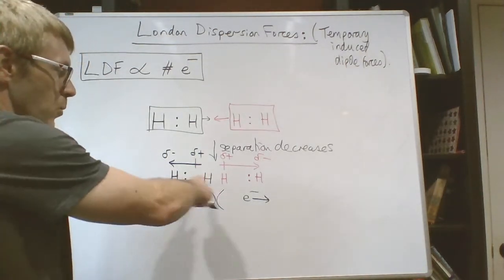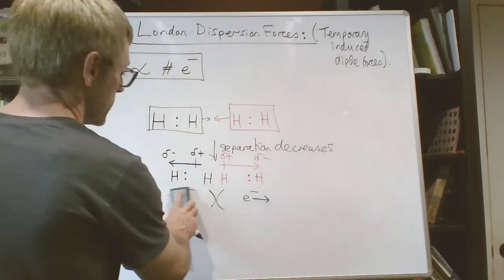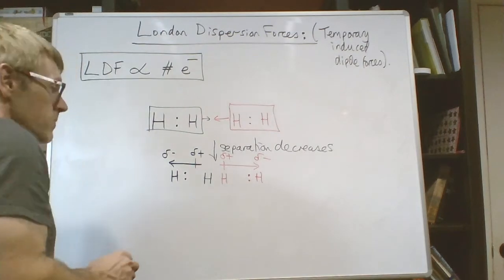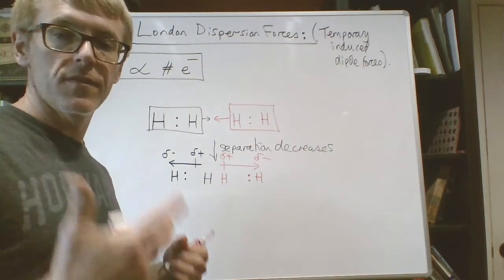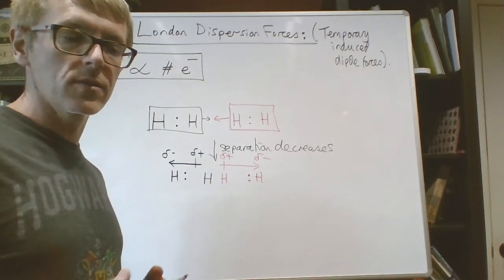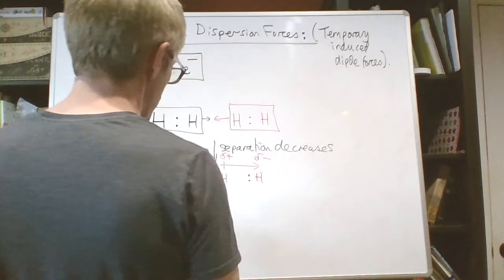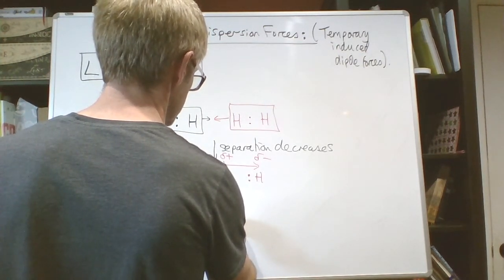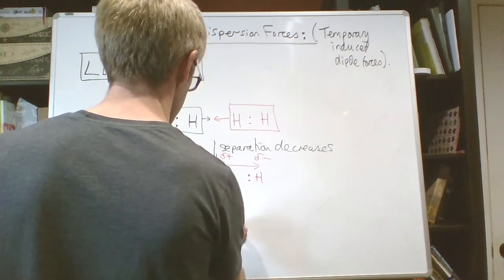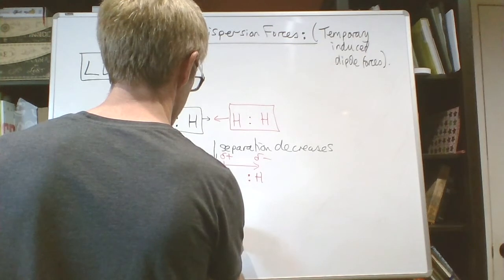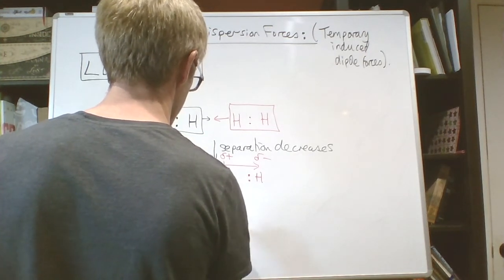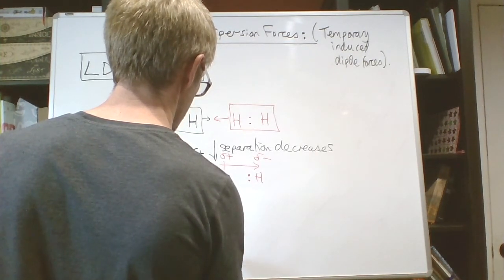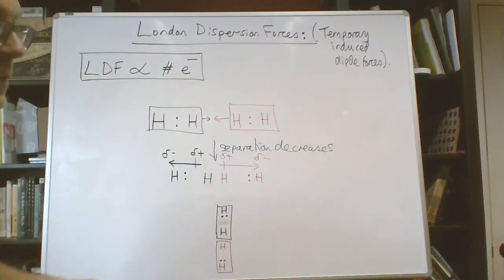But this is only one dimension I've represented here. Let's consider that this is happening in 3 dimensions, which it would be. So to represent a 3-dimensional fact, I'm going to, in good style, use only 2 dimensions. So imagine this is happening all over. So imagine this is happening down here as well.